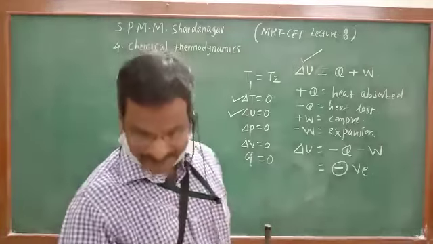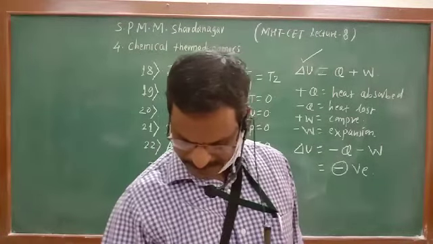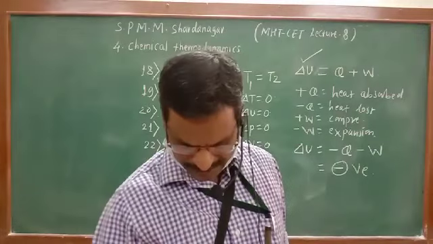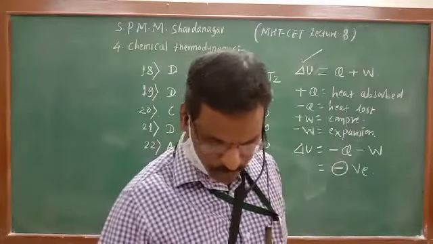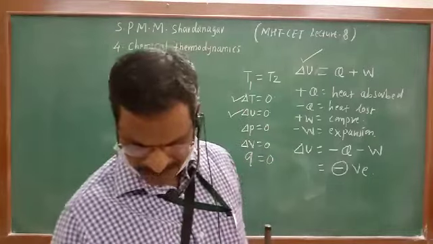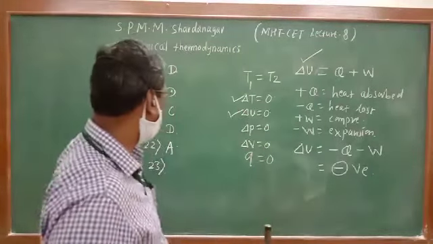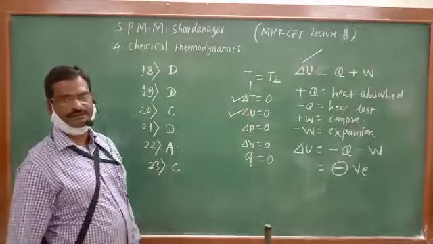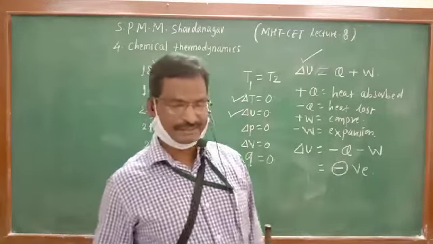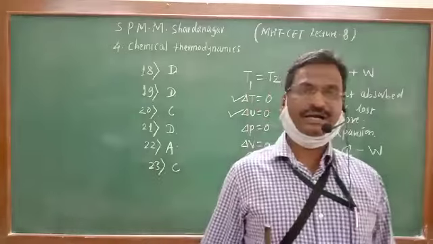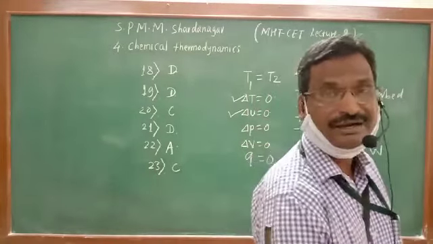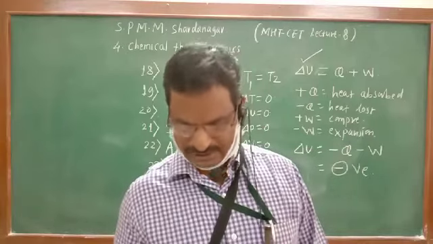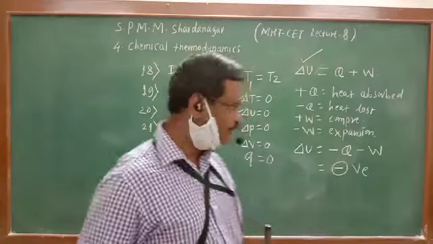Question number 23, which of the following has no change in internal energy? Option A isobaric, B isochoric, C isothermal, and D adiabatic. So option C is correct. Isothermal processes are carried out at constant temperature. Change in temperature is 0 and change in internal energy is also 0.